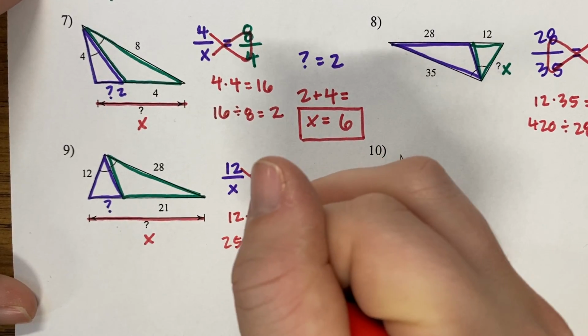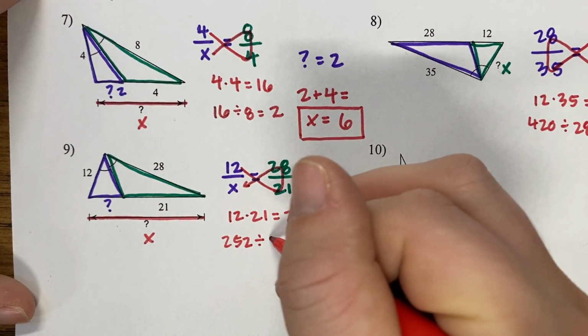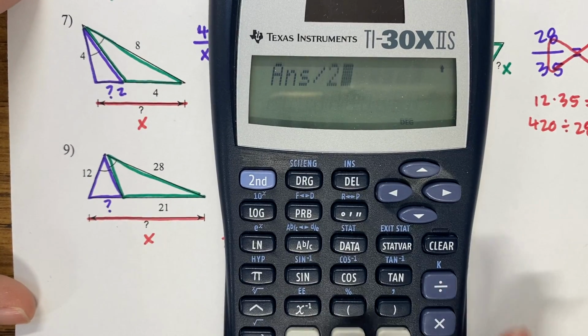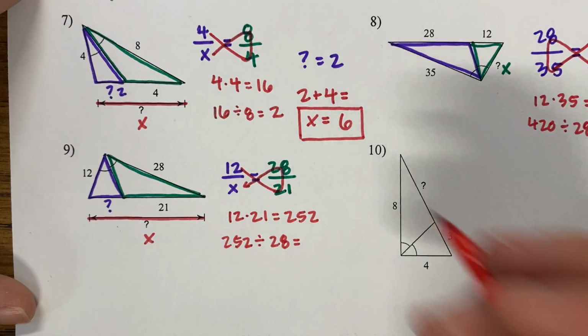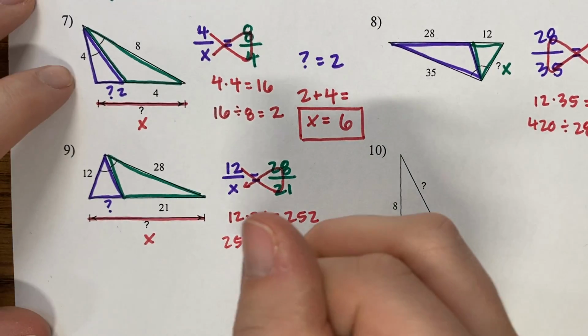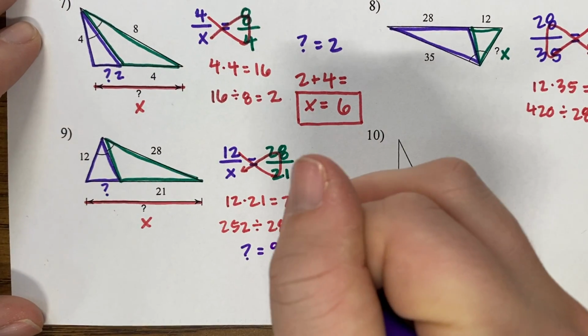Then we're going to take 252 and divide it by our last number, and that'll give us our x. So divided by 28, and we get 9. Okay, so we know that the purple missing side, so question mark, what we were looking for on our purple was 9.